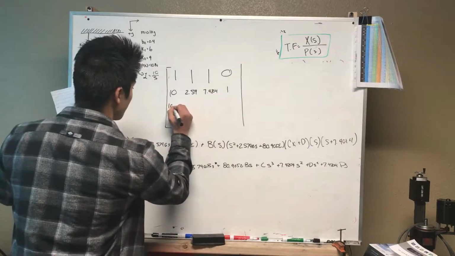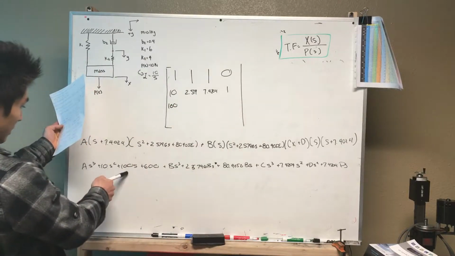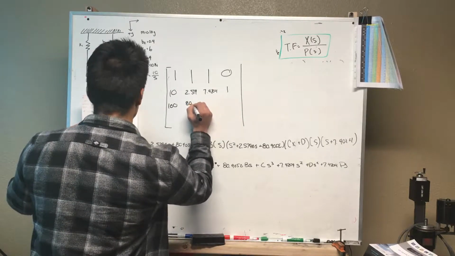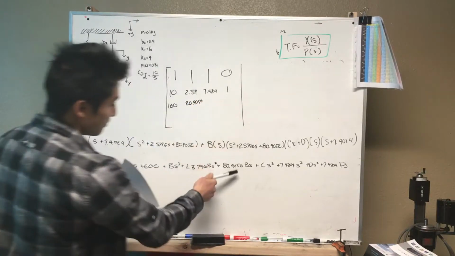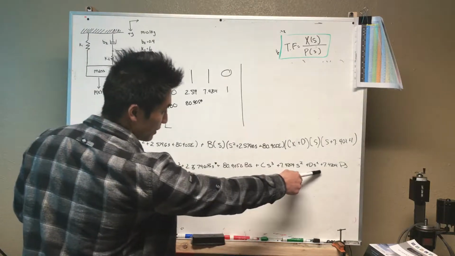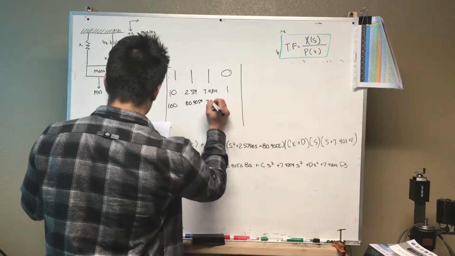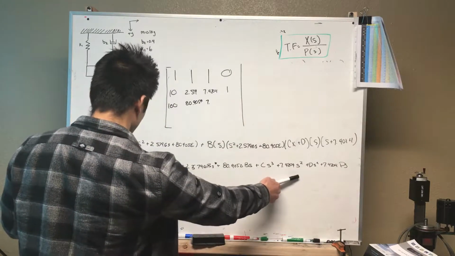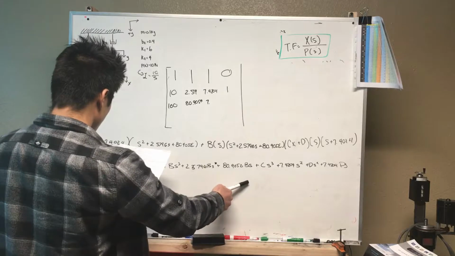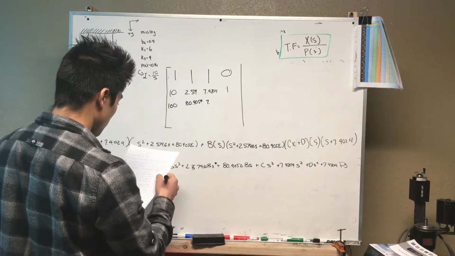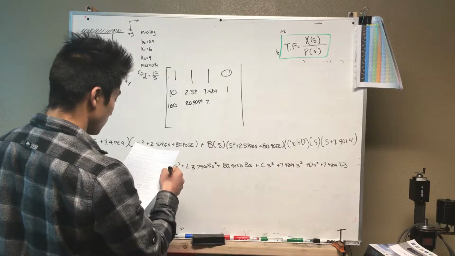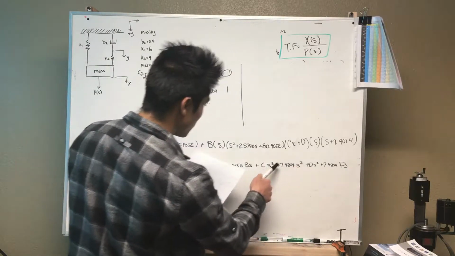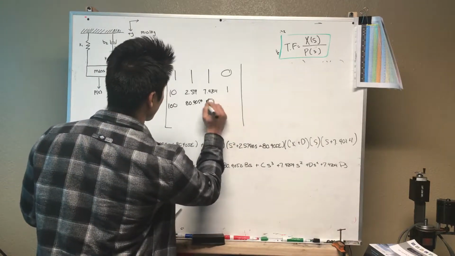Then we have 100 s. We have 80.9058 Bs, and we don't have, do we have an s in this one? For B, C does not have an s, so that's a 0, sorry.